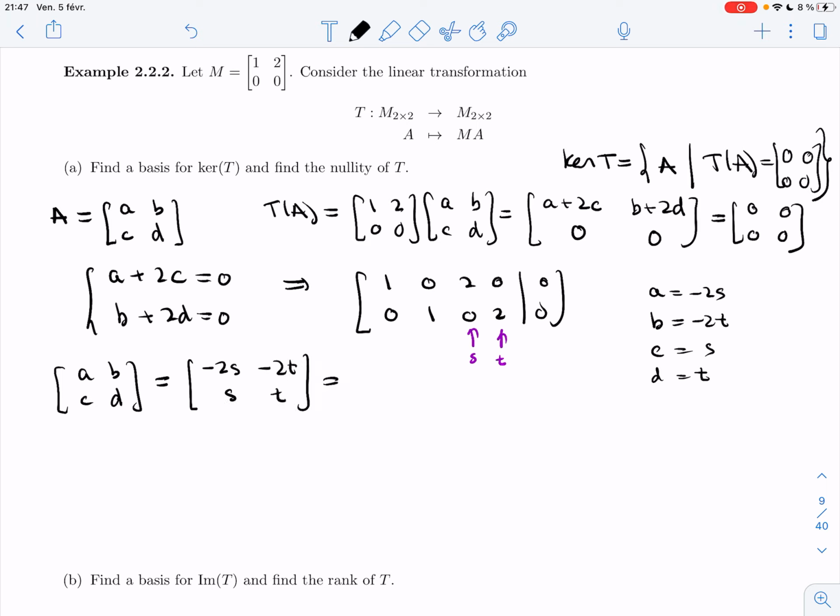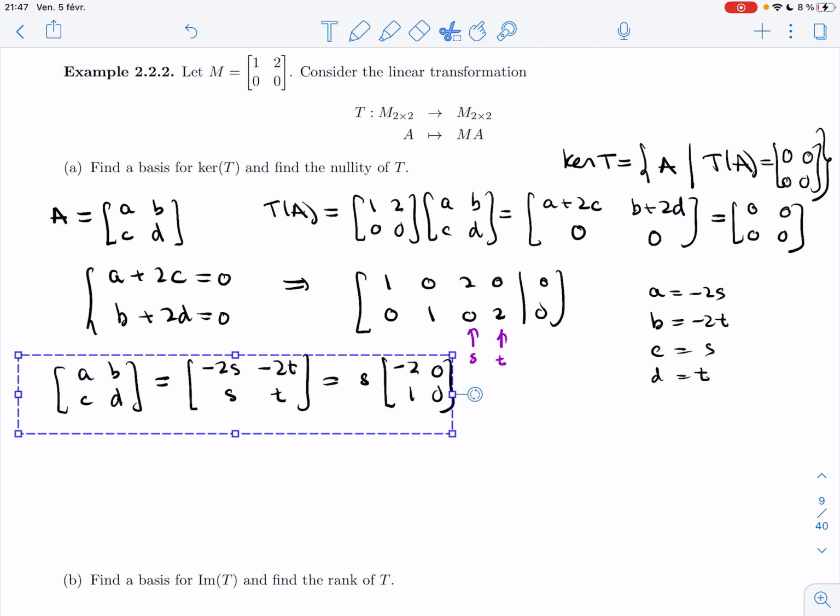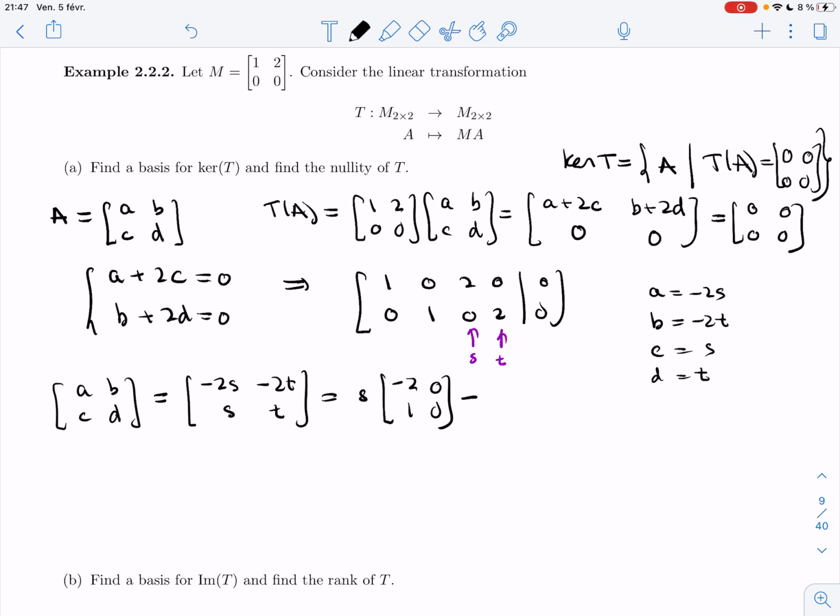I can split it according to parameters. Let me lower this. All right, so I get s times [minus 2, 0; 1, 0], and t multiplies [0, minus 2; 0, 1], and that's true for any s and t.